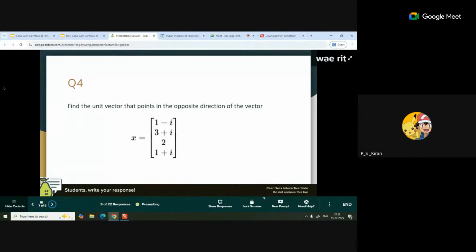Sir, how do we answer this? How to type the answer, type the whole vector? I'll let you know. Yes, it is a vector.